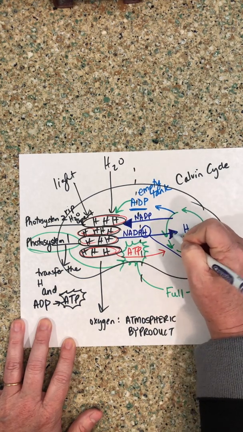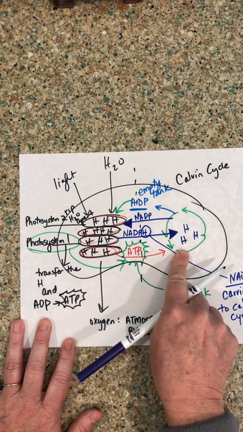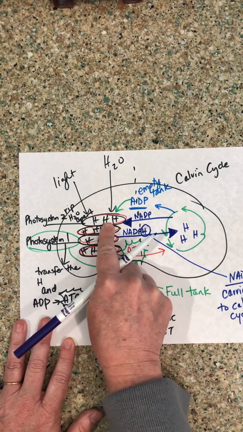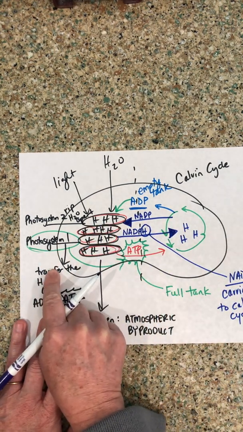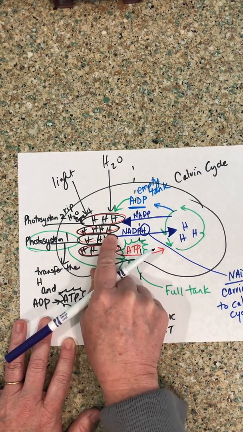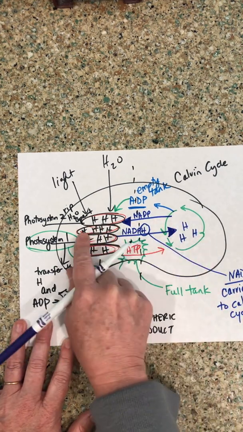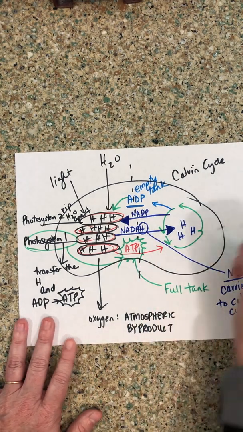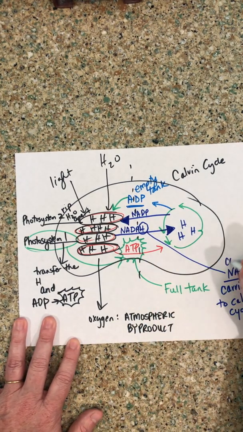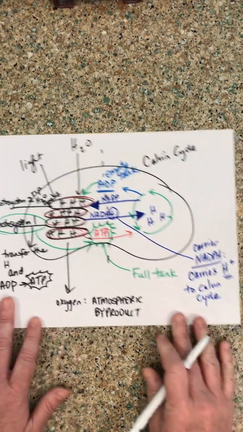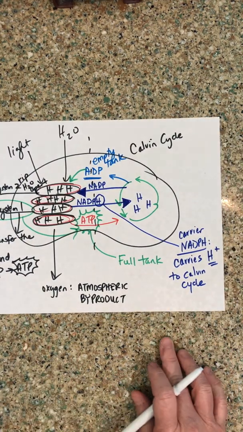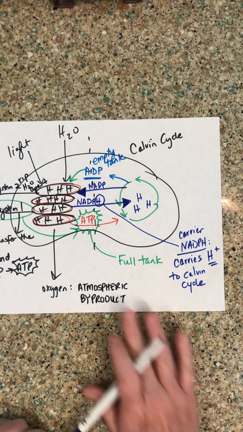So he goes to the dark side as NADPH, drops off the H, comes back as NADP. Photosystem 1 will give him a hydrogen, and then he'll keep going back over and over, okay? So NADPH is called a carrier molecule because he carries hydrogen, and he's carrying hydrogen nonstop all day long, okay?